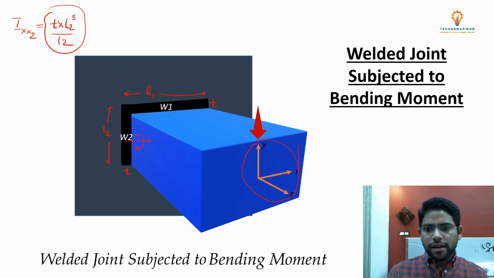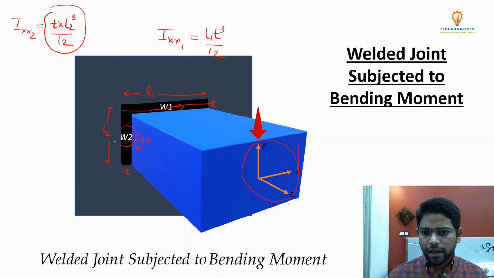Whereas if you calculate this second moment of area for the first weld, it will be about its centroidal axis. This is the centroidal axis of the first weld, and the value will be L1 T cube divided by 12. But this time the centroidal axis is not the same as the x-axis of our Cartesian coordinate system.